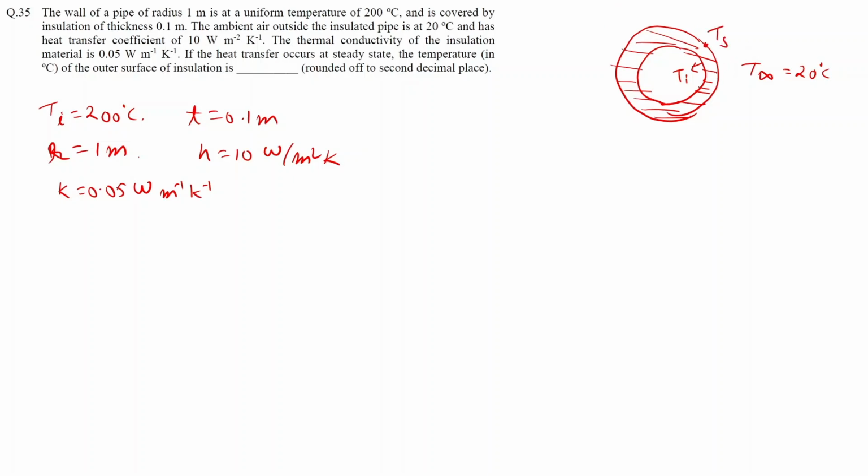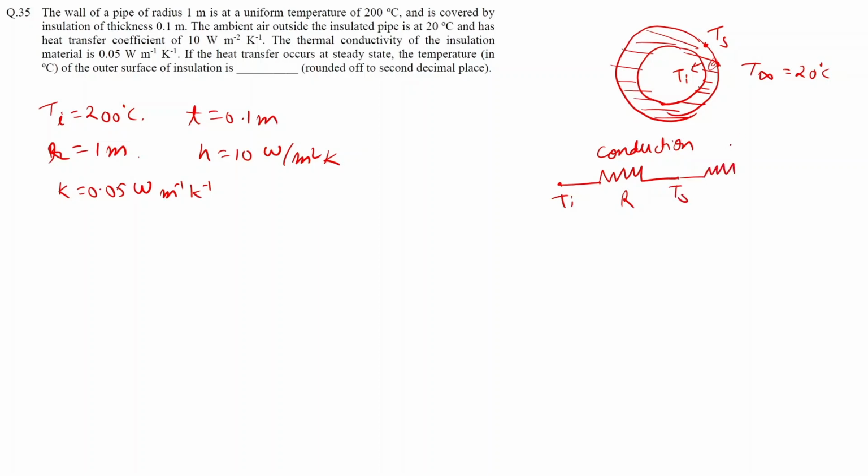Now considering this system, we can write the resistances as follows. Initially the temperature was Ti, then we are having this conduction resistance due to insulation. Let's call the conduction resistance R1, and then over here the temperature is Ts.